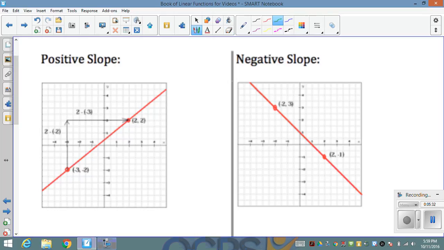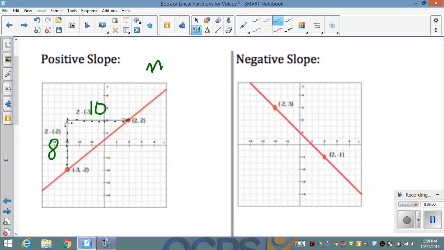I'm going to count up. My triangle's already drawn in. I'm going to count up 1, 2, 3, 4, 5, 6, 7, 8. So I counted up 8. And I'm going to count to the right 1, 2, 3, 4, 5, 6, 7, 8, 9, 10. Counting to the right 10.